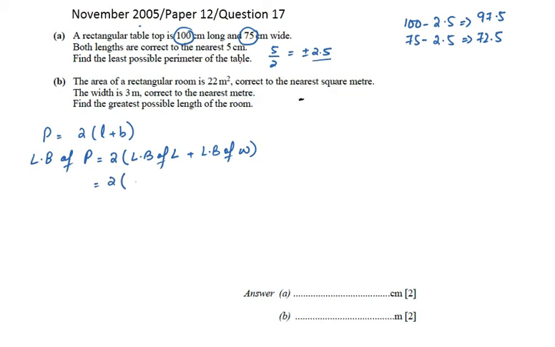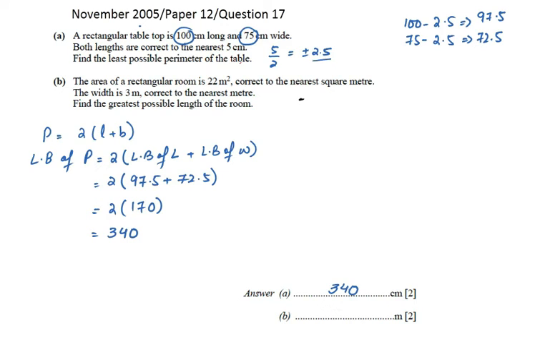So when we keep these two values here, 97.5 plus 72.5, first we will add these two values and then we will multiply it by 2. When we get the answer, we will get the lower bound of the perimeter of the rectangular table. 97.5 plus 72.5 is equal to 170, and when we multiply it by 2, the final answer is 340. So here the lower bound of the perimeter of the rectangular table is 340 centimeter.